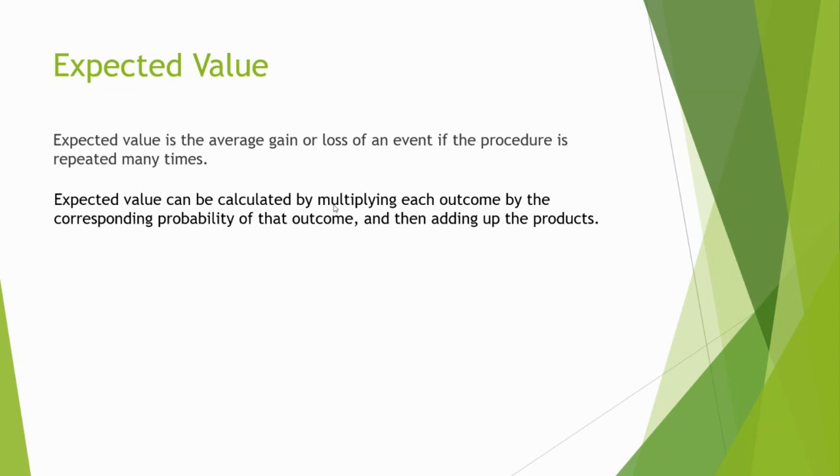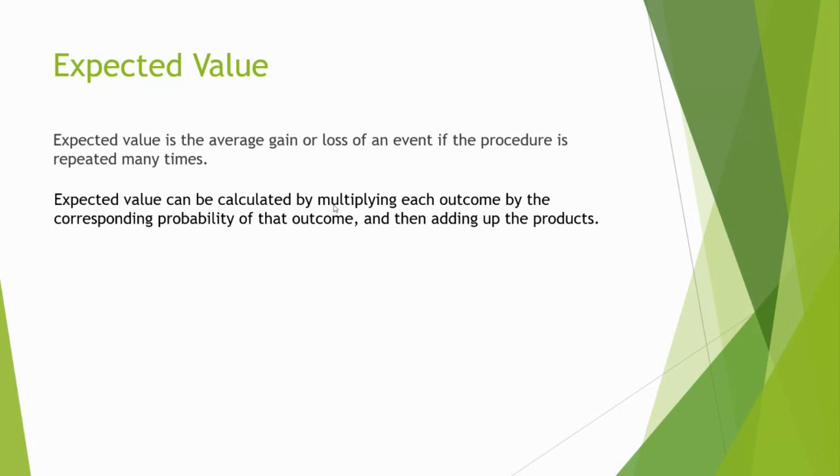So with expected value, the definition is here. It's the average gain or loss of an event if the procedure is repeated many times. The whole idea with expected value is if you were to do the experiment, the game or whatever, more and more times, repeat it many times, expected value is how much you expect to win or lose in the long run.